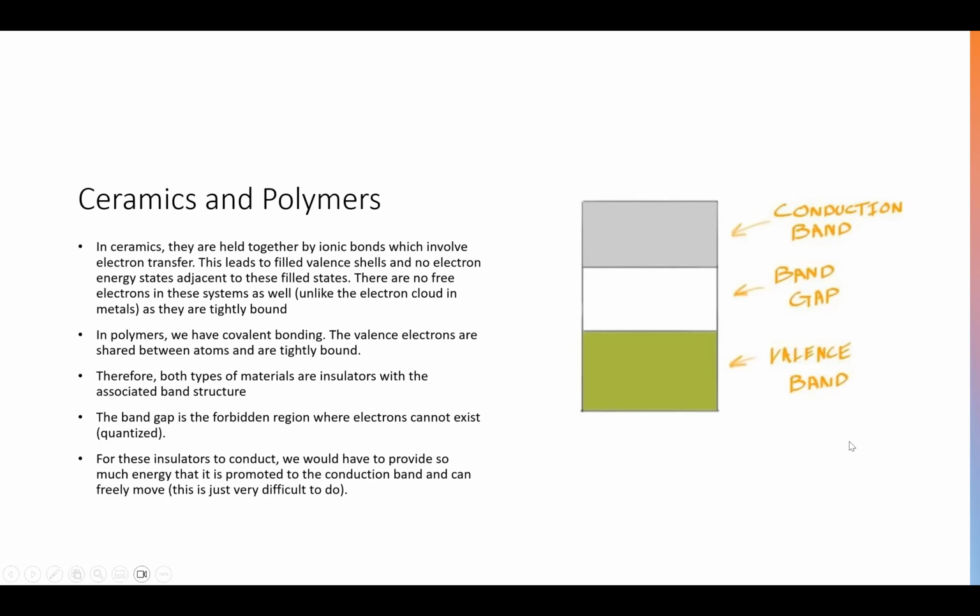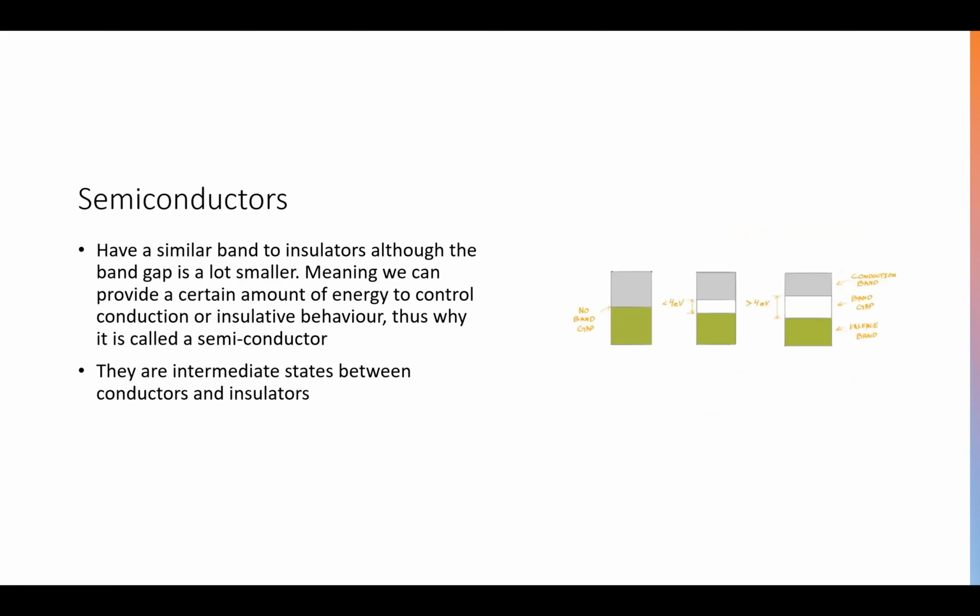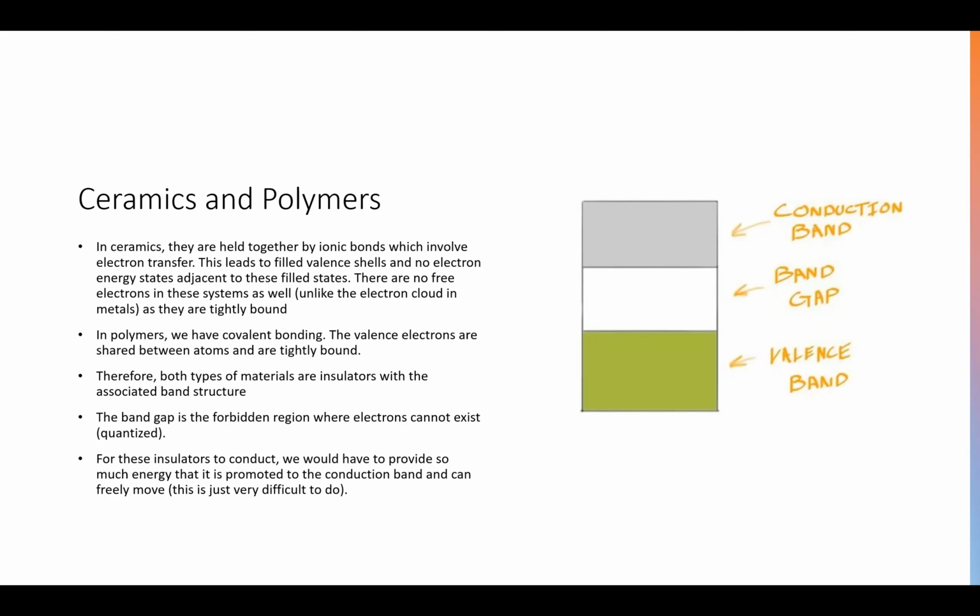Technically, with some of these, you can make an insulator conductive. It's just that you'd have to put so much energy in just to promote one electron, and it doesn't become feasible, because if it takes so much energy to promote one, then imagine 10 to the 23 electrons. That's why they stay insulated.